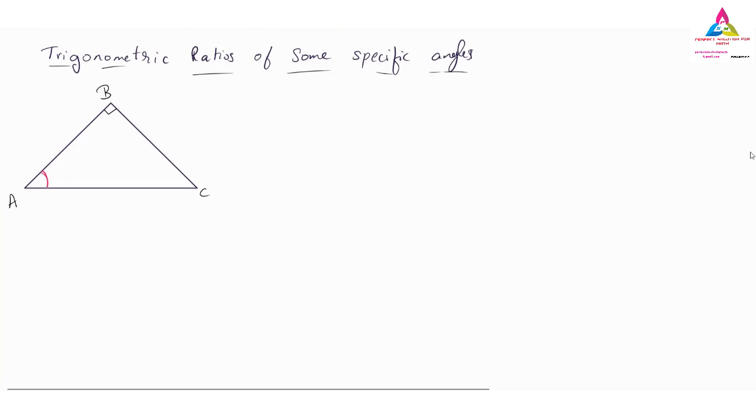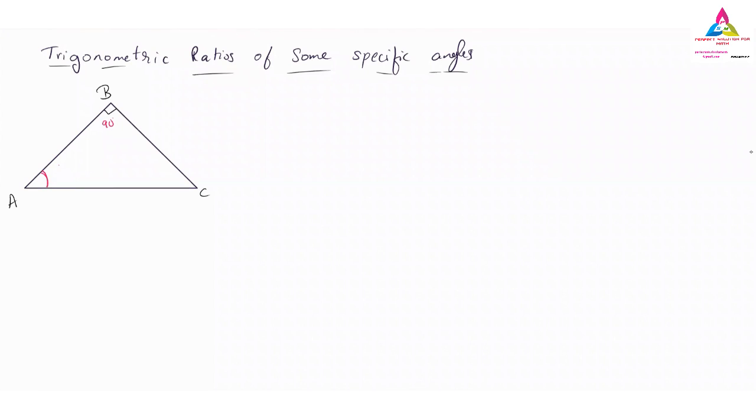It may have any value from 1 to 89 degree, because already one angle is 90, so one more angle can't be 90 itself.